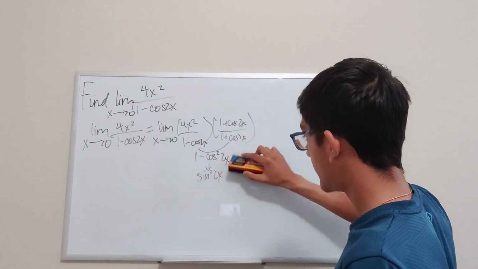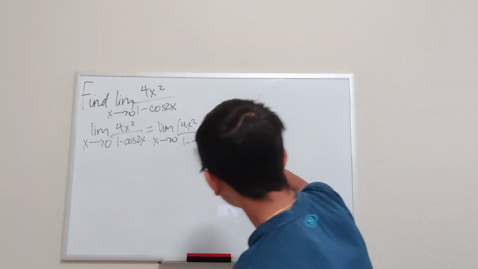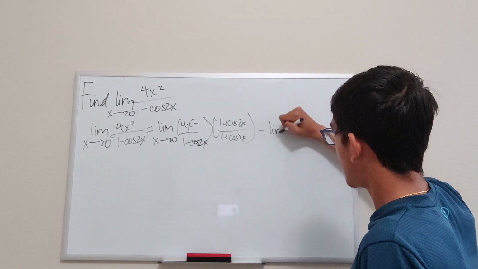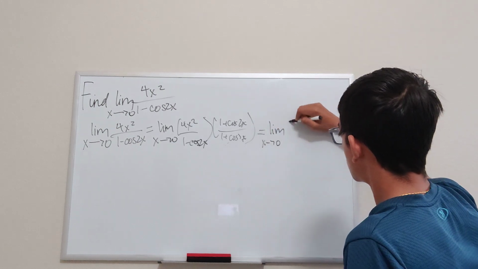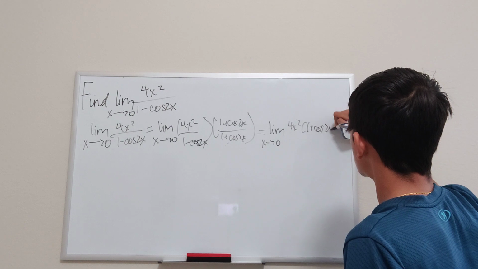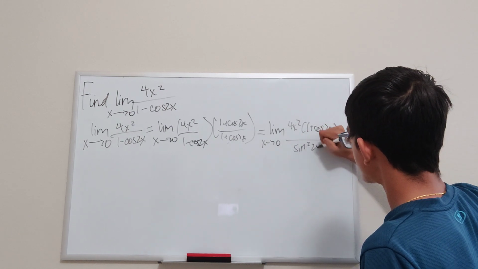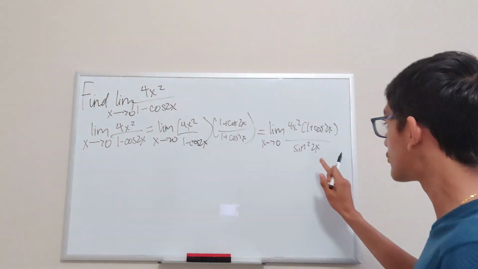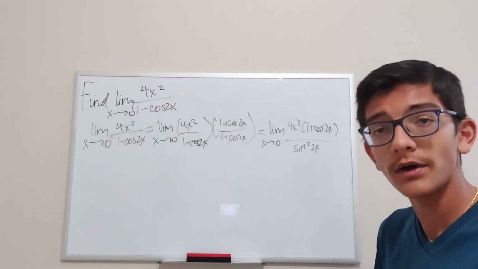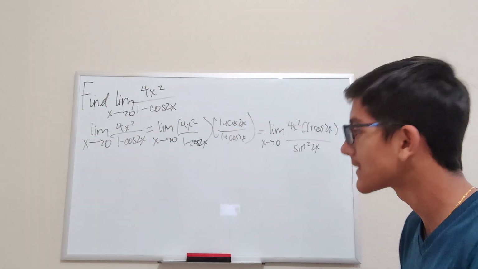So, now that we know our denominator is actually sine squared 2x, we're going to want to write that down. We have it written down right here that our limit is now 4x squared multiplied by 1 plus cos 2x, all divided by sine squared 2x.